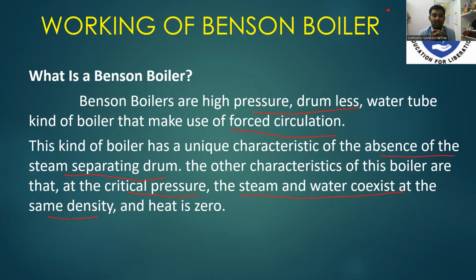Benson boiler. First of all, some terms are used here. What is circulation? Circulation is of two types: forced circulation and natural circulation. Forced circulation means the water circulation inside or outside the tube is done forcefully.